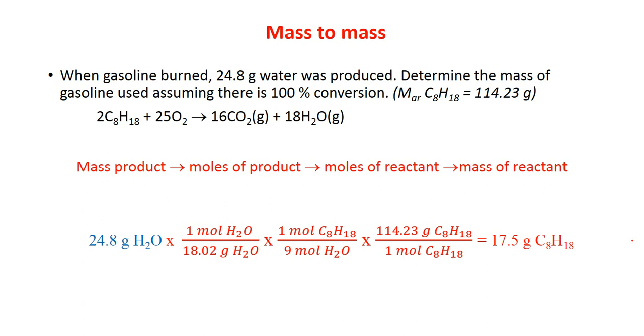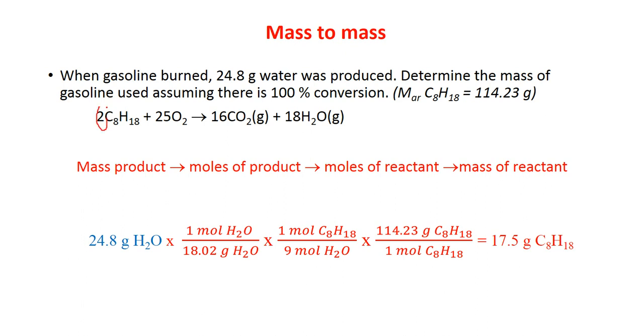So that's how we use conversion factors to determine mass of one species when given the mass of the other species in a chemical reaction. And another important thing is to look at these coefficients.